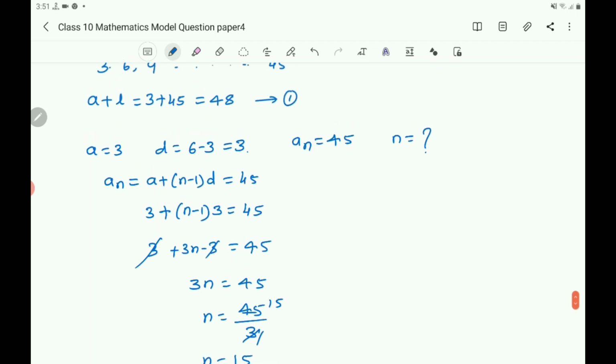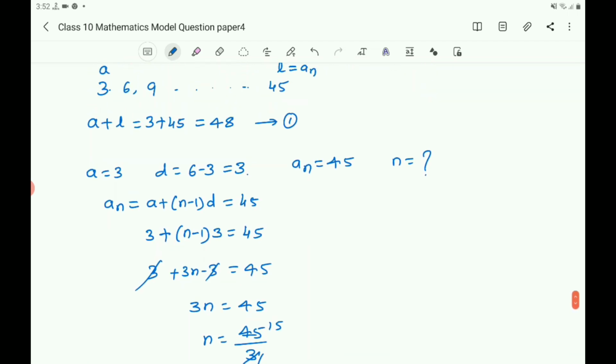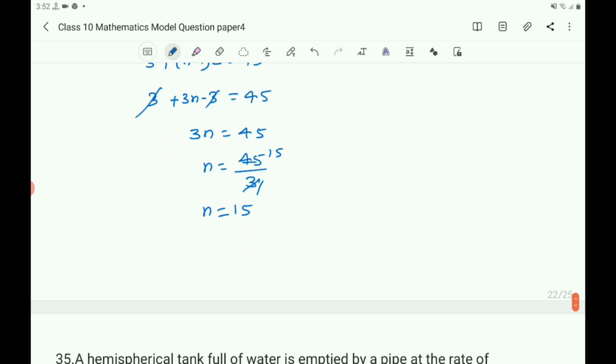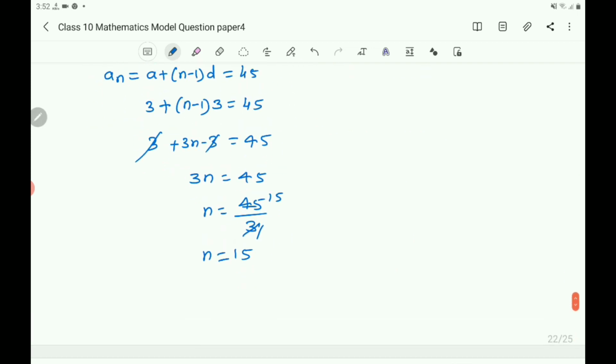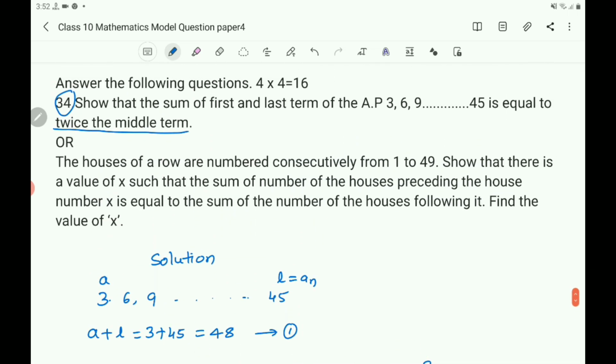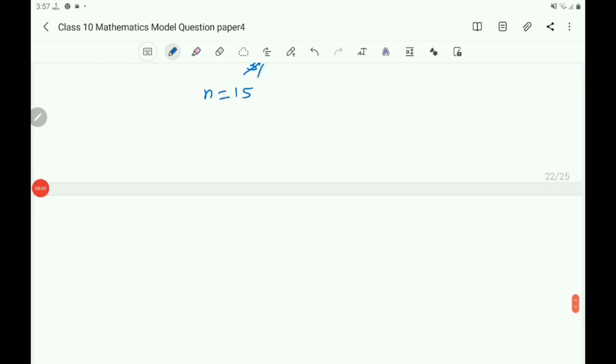So as there are 15 terms, which term becomes the middle term? Here you know, as n is odd, we have to show that this 48 is equal to twice the middle term. Now let us find the middle term.